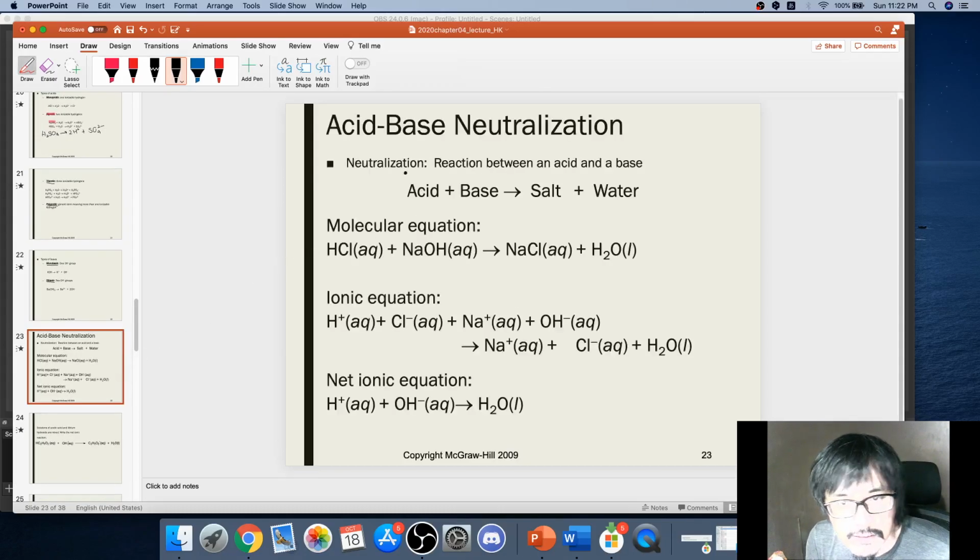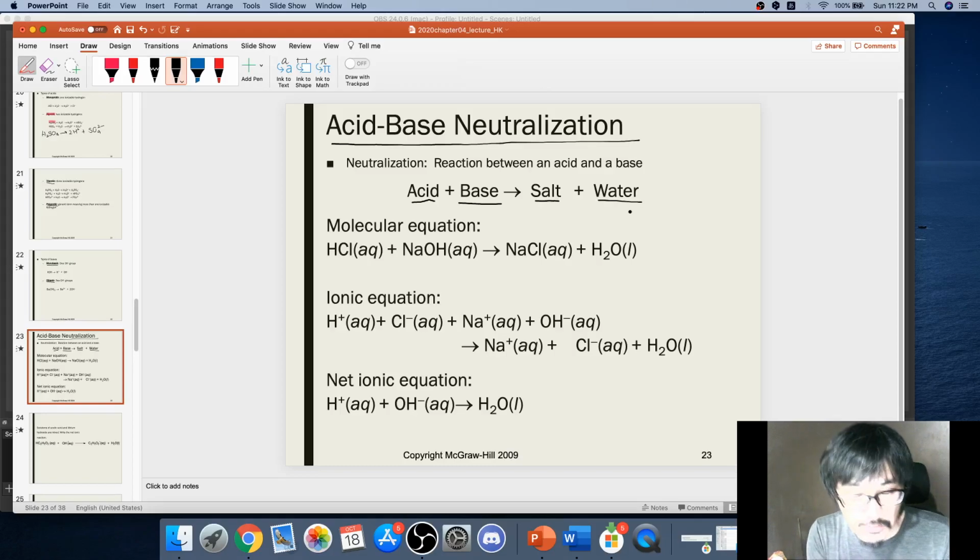Alright, let's do the acid-base neutralizations. That's the reaction that we are going to do. So acid is going to react with the base to produce salt and water. By the way, if the acid and base are present in the solutions, it happens really often.